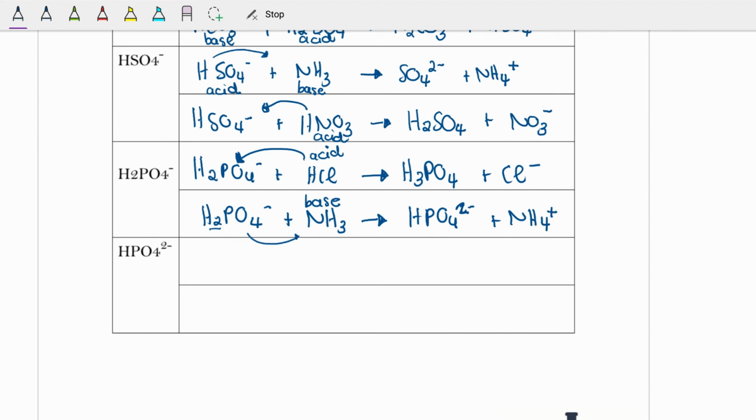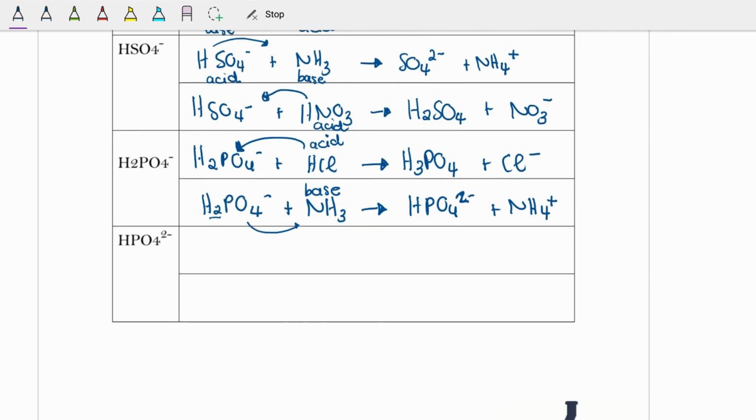And then the last example, where we take this and we work with that. So HPO4 2 minus, let's say with nitric acid, and let's say with ammonia. Pause the video, try this on your own.